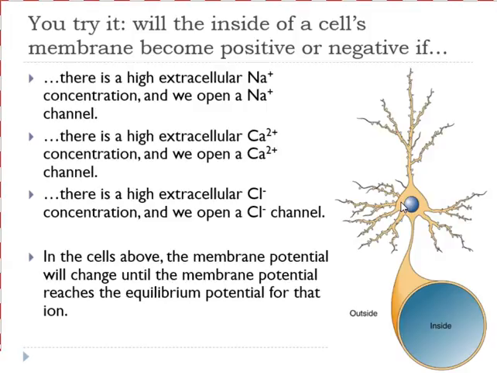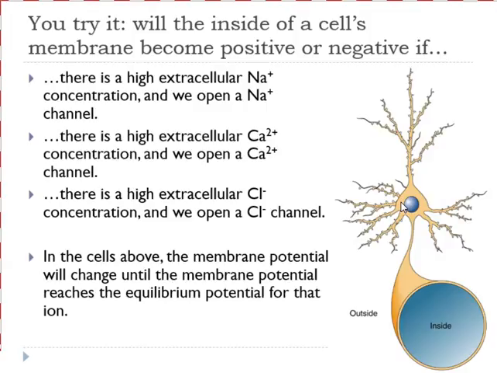Here, chloride ions. Again, I've said they're high extracellular, low intracellular. If they're moving down their concentration gradient, how should the membrane potential change? Positive, negative? I heard somebody say negative. Yeah, they're high concentration outside, so they'll move down their concentration gradient.